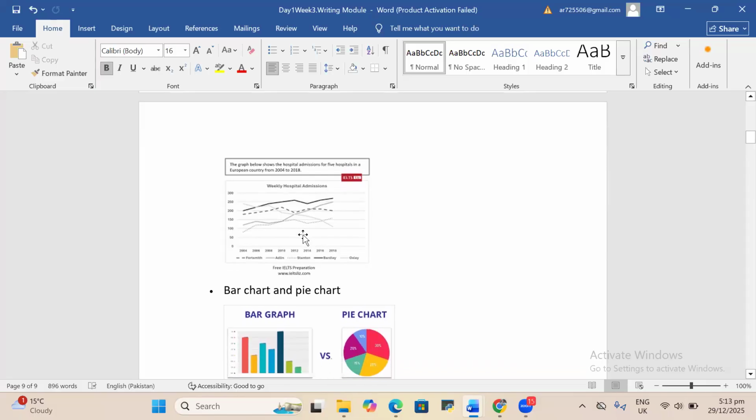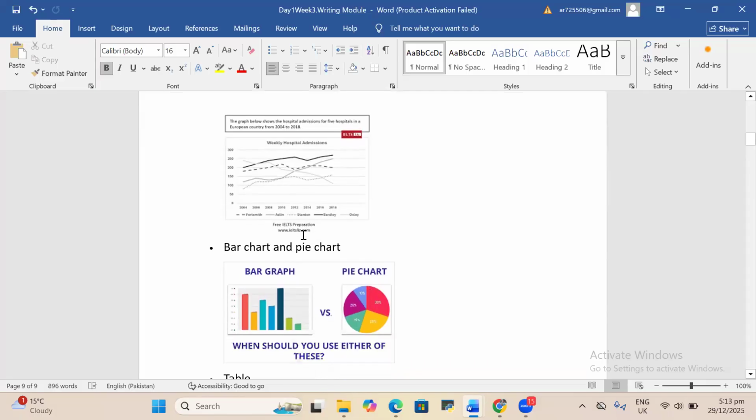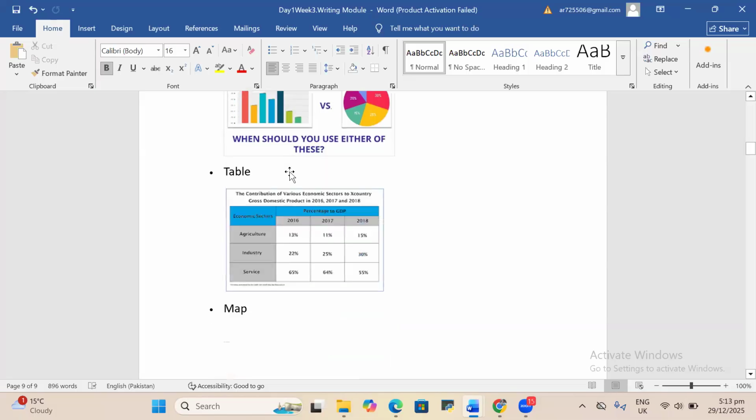So if you want to get more score in report writing, you should write every sentence with a comparison and also more appropriate, relevant information given in the line graph.